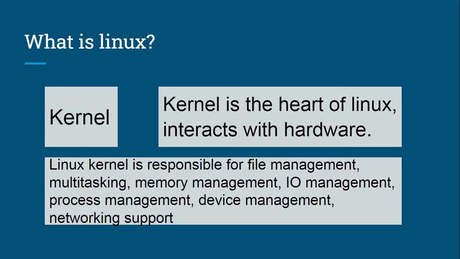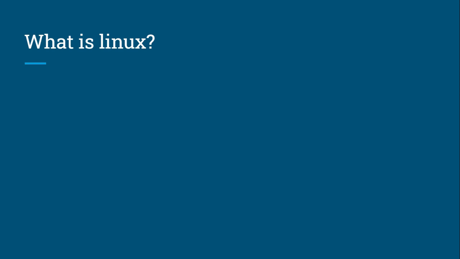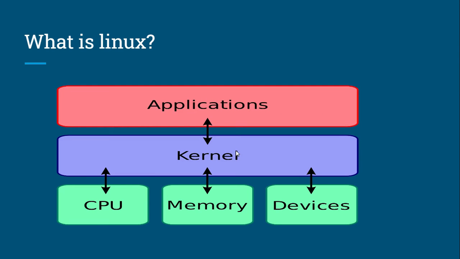If you add or remove a device, that will be handled by your Linux kernel. If you access any website, this is a networking scenario, so those networking things will be handled by your Linux kernel.